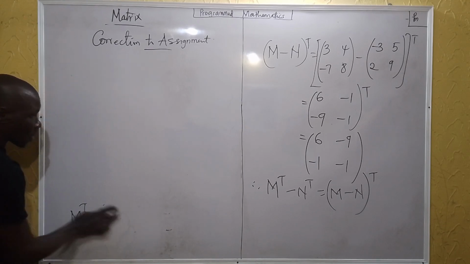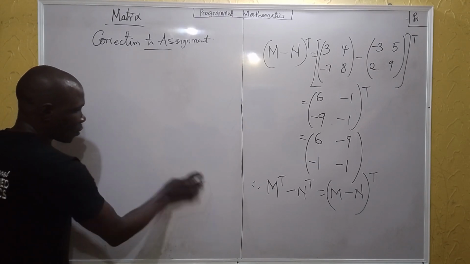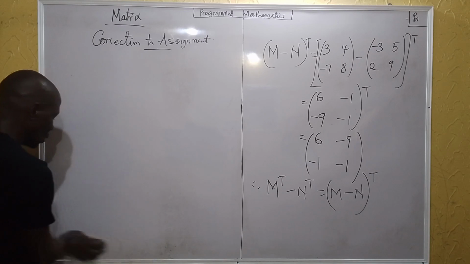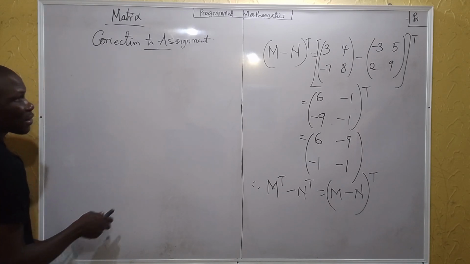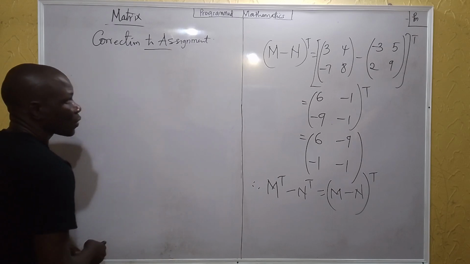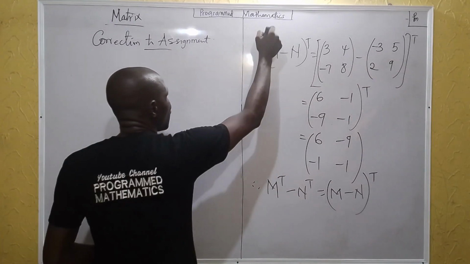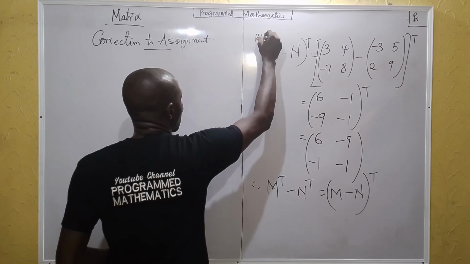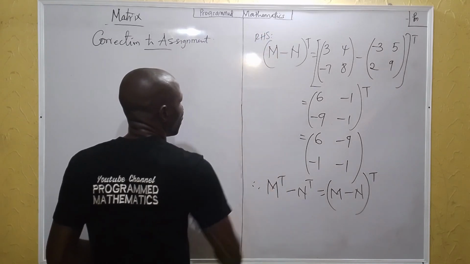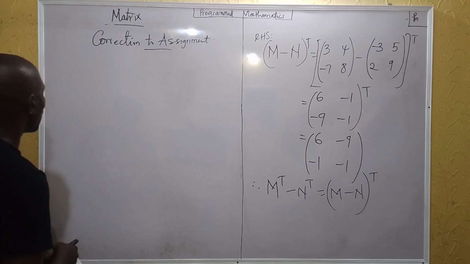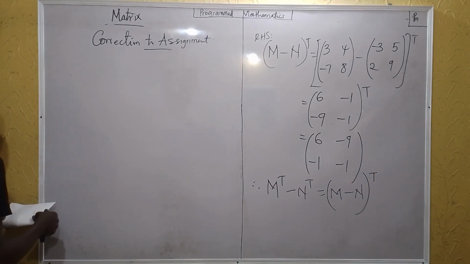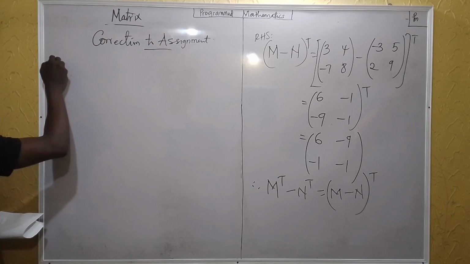In the case of the one I've just answered, the left hand side and the right hand side are both the same. This side here is the right hand side, RHS, of the question.